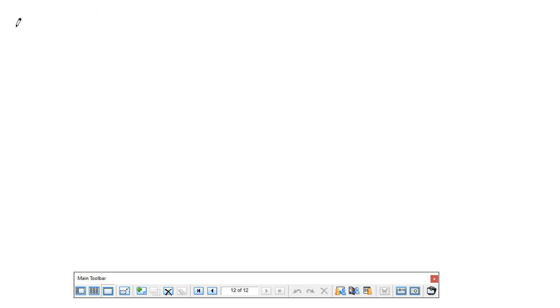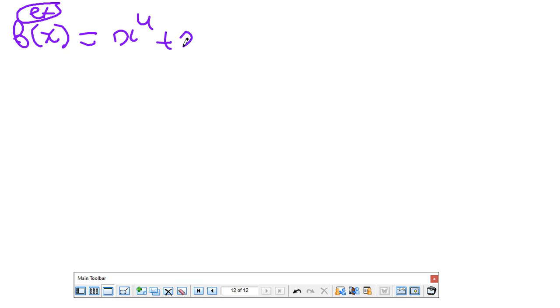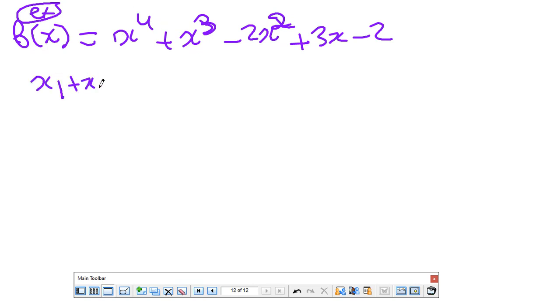So this is the last example for this lesson. Let's say f of x is equal to x^4 plus x^3 minus 2x^2 plus 3x minus 2. If I want to find the sum, here it's x^4, so I have x1 plus x2 plus x3 plus x4, and I mention again that the roots can be complex or real.